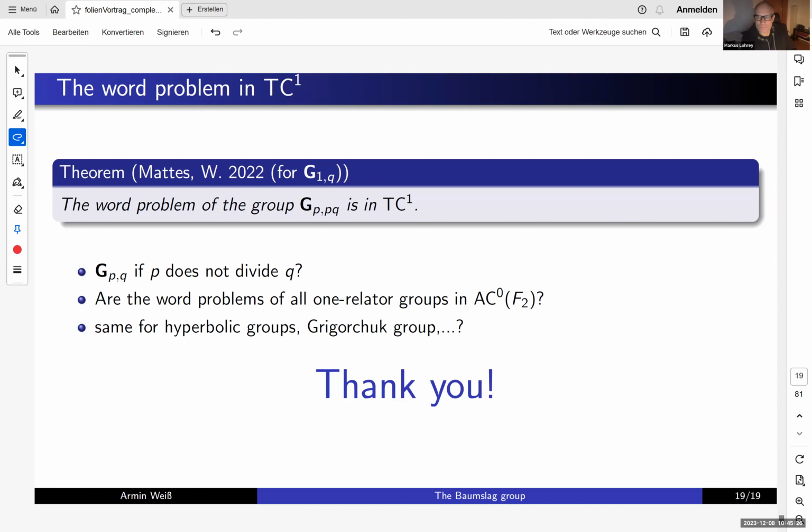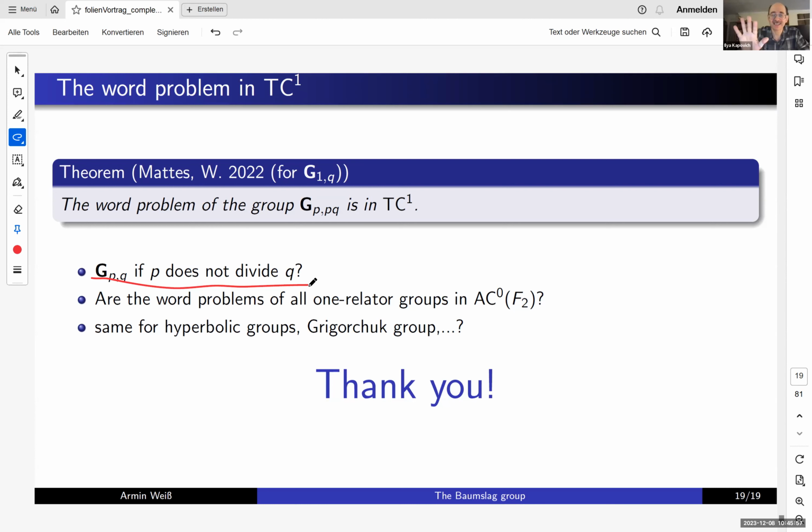Okay. So I had a question. These questions that you have on this last slide, in particular about hyperbolic groups, what's your guess? So about the parallel complexity class, are they all really in this AC0 reducible to F2? Or do you think that there may be something that is not? I think these are difficult questions. The first one might be not so difficult.